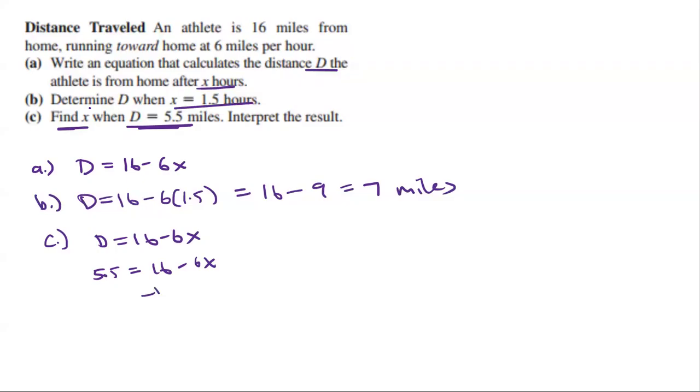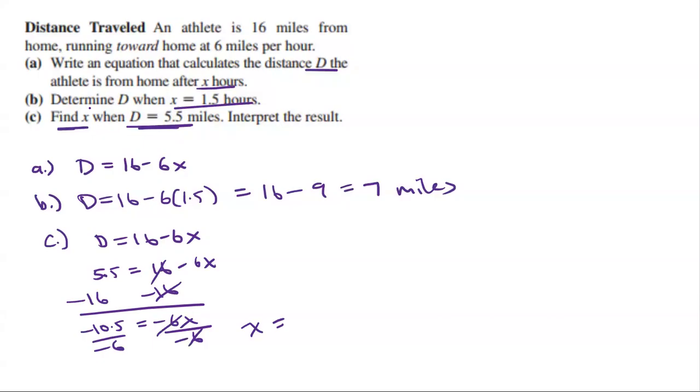So I'm going to subtract 16 on both sides. 5.5 minus 16 is negative 10.5. This will cancel, minus 6x. Then I divide both sides by minus 6. So x in this case, when I put this in a calculator, remember negative divided by negative is a positive.